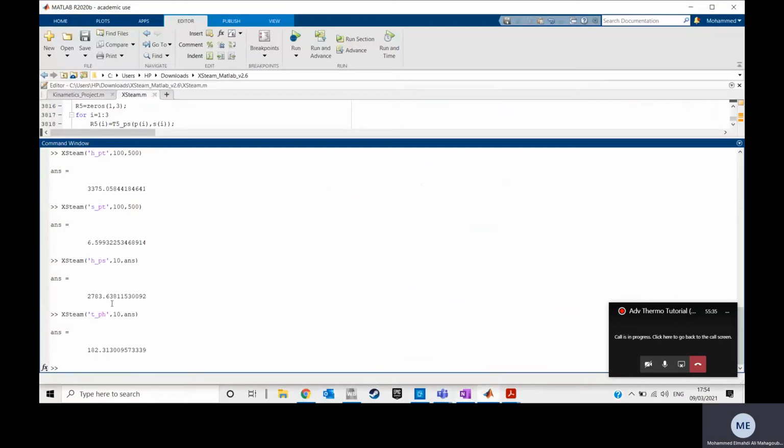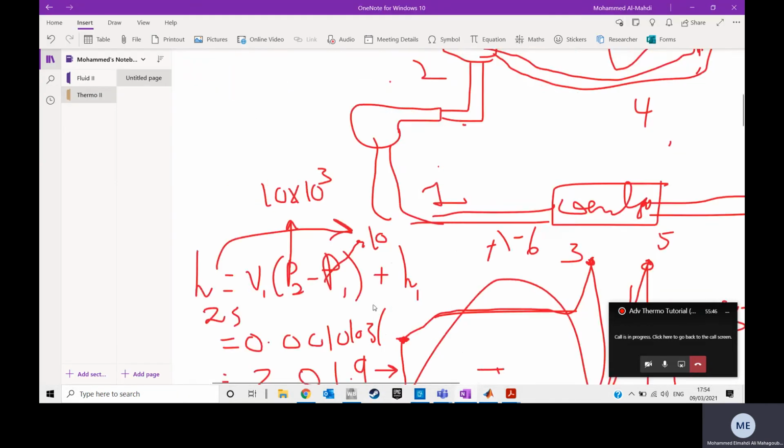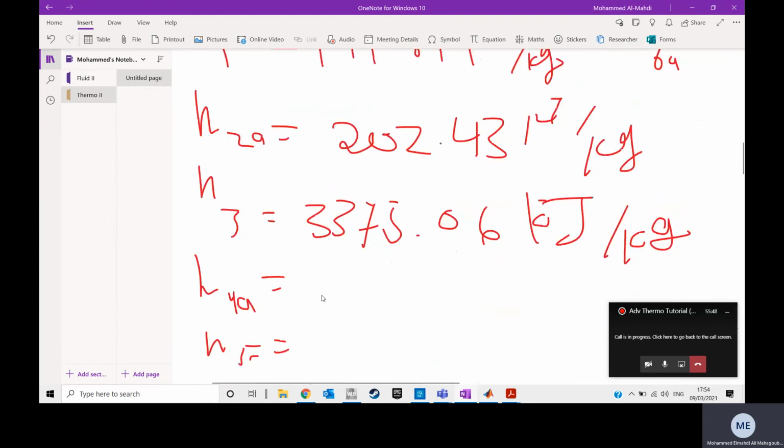I found it here: the H isentropic, which is 2783.64. Then shift solve, and you get your actual. So this is our actual, it is 2901.92.